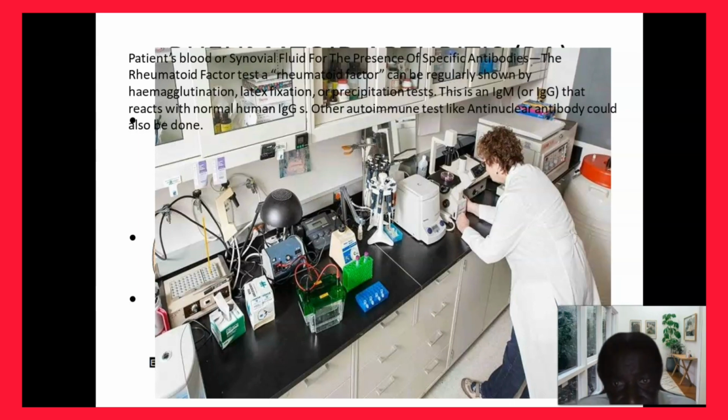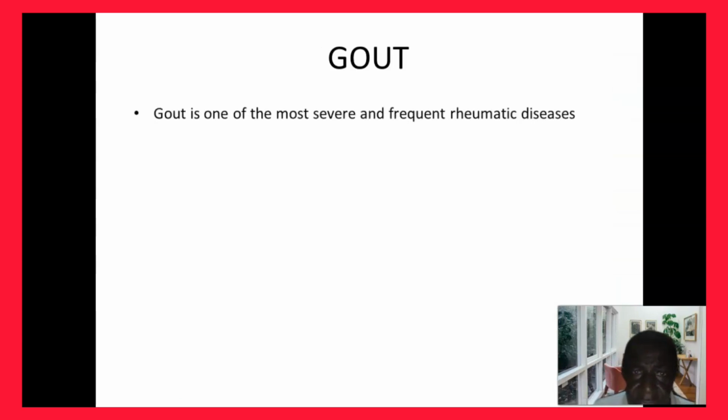These are tests done in the lab to really confirm rheumatoid arthritis. There will be elevation of the rheumatoid factors. Because it is an autoimmune disease, all the other autoimmune tests could be done to confirm, like the anti-nuclear antibody, which will also be raised high, which is very diagnostic.